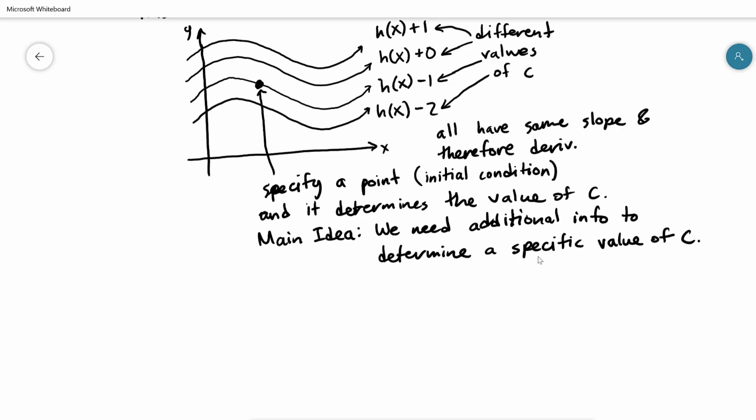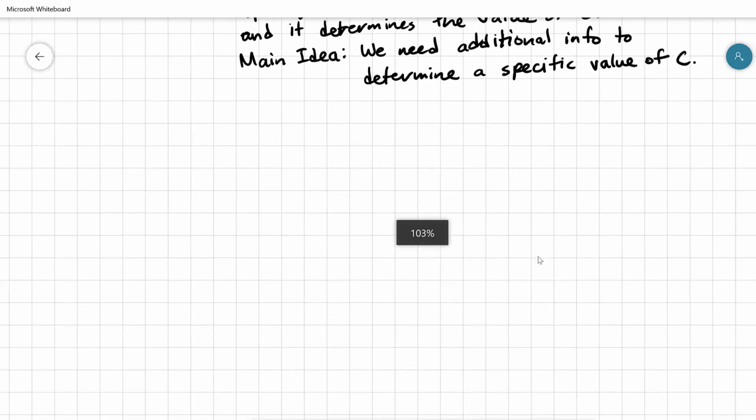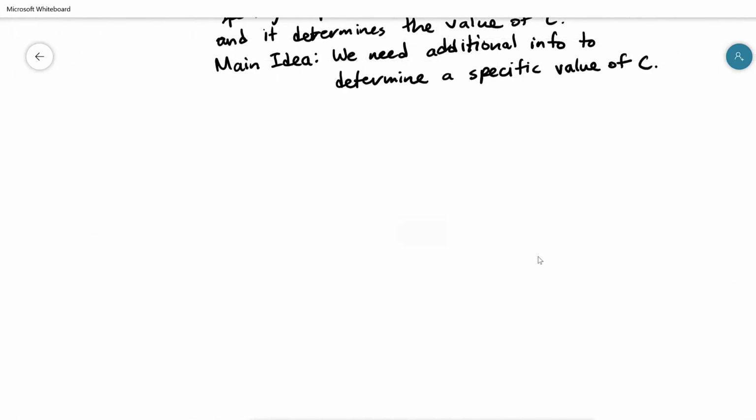And we can do an example to illustrate this idea. So let's do one now. I want to do another example. So here's our example. Same as before, I want to find f, the function f, if I'm giving you the derivative, if f prime of x is equal to the following.